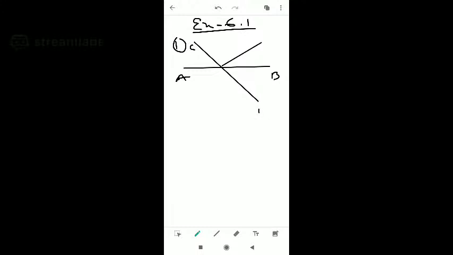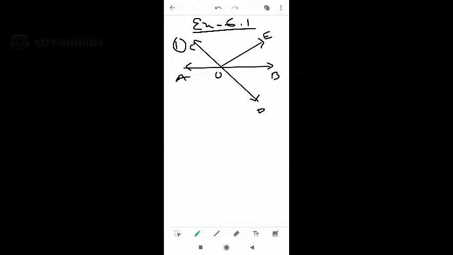Then also this side E. Everywhere there are arrowheads. This is a line, not a line segment. The question says AB and CD intersect at point O. If angle AOC plus angle BOE is equal to 70, AOC and BOE are 70.